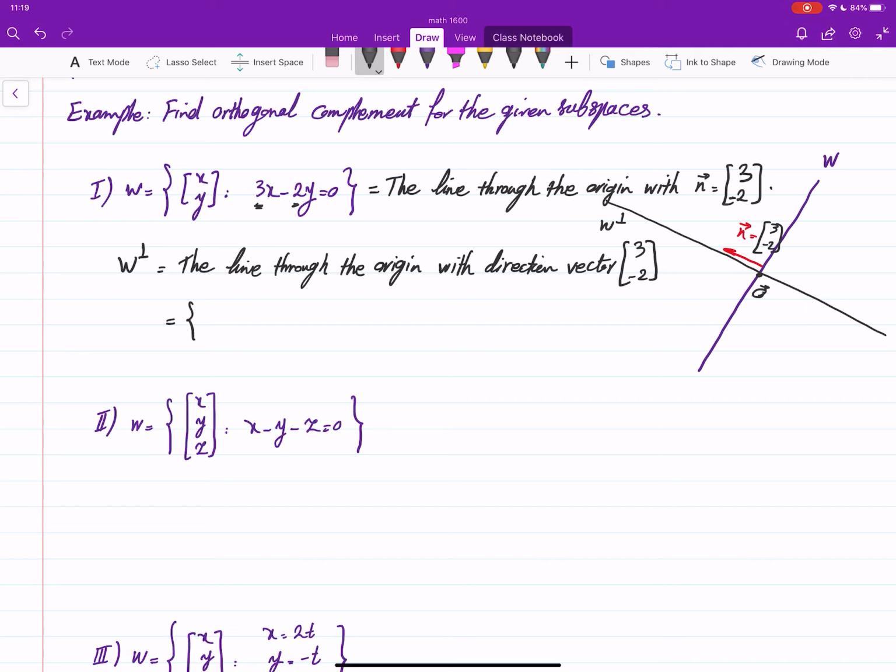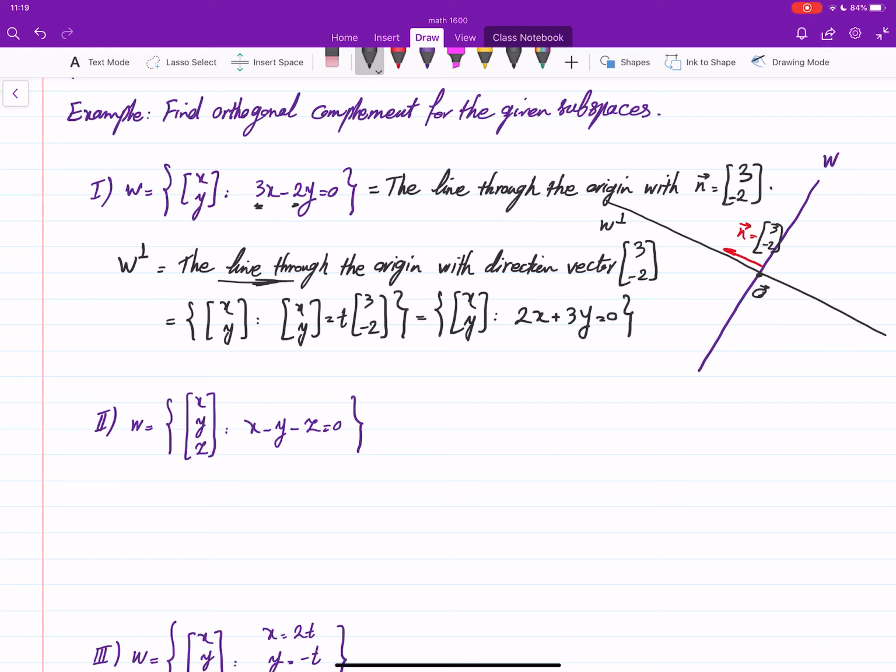Now you can write different equations for that. For example, this will be all (x, y) such that (x, y) is equal to t times (3, -2). Or you can write the general form. Such a line has the normal vector (2, 3). So then this will be all (x, y) such that 2x plus 3y equals 0.